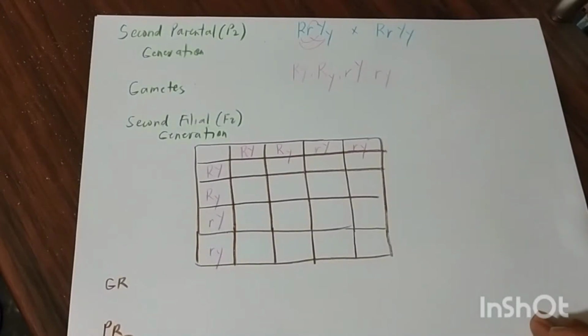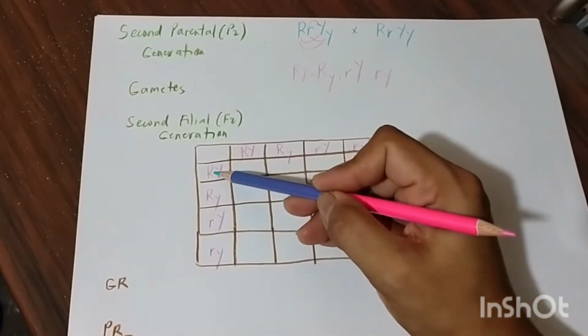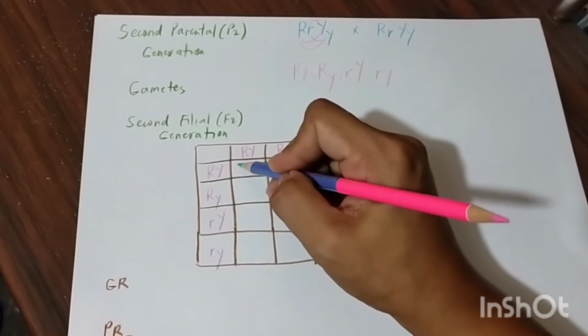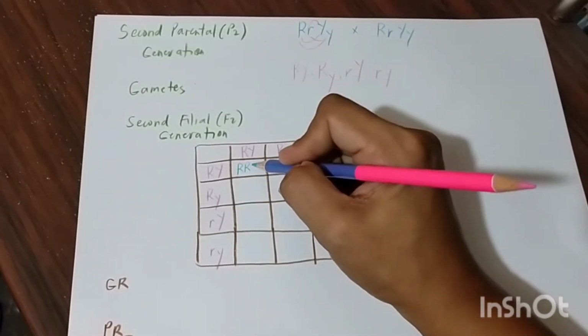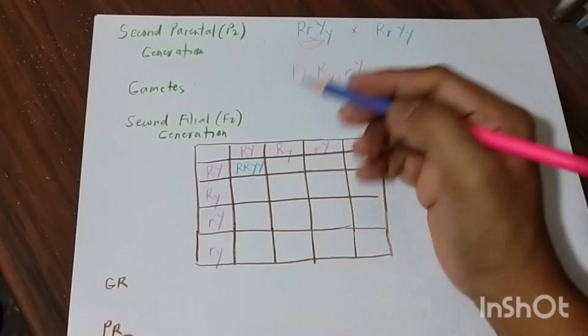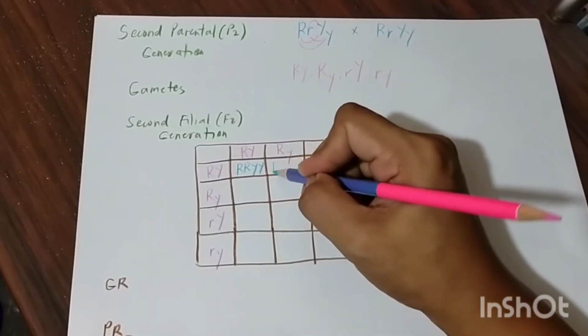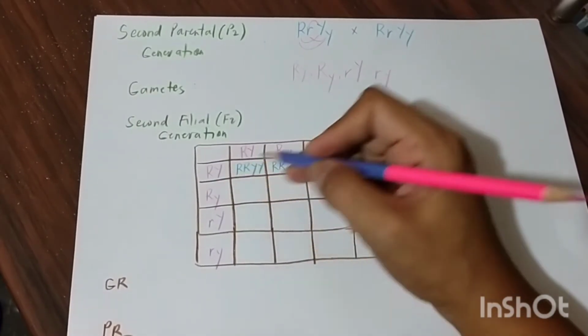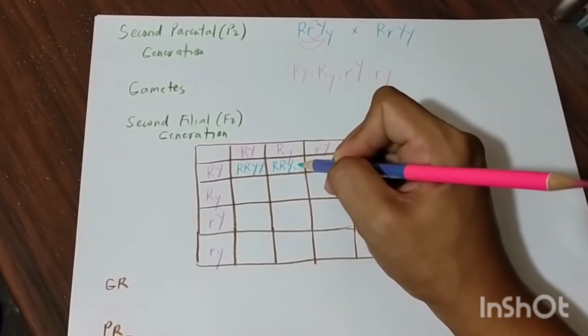So let us cross. We have alleles for round and alleles for yellow, alleles for round, and an allele for yellow and green.